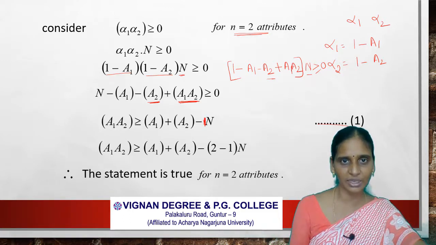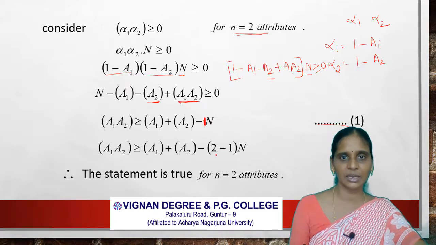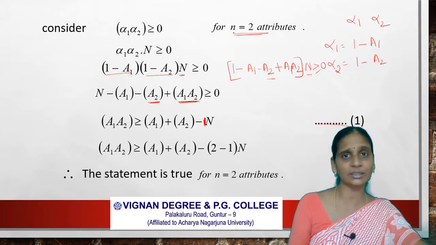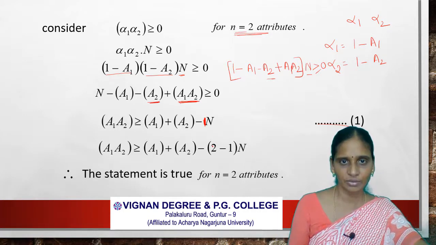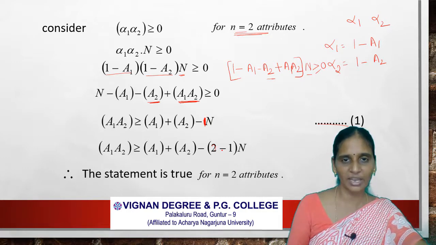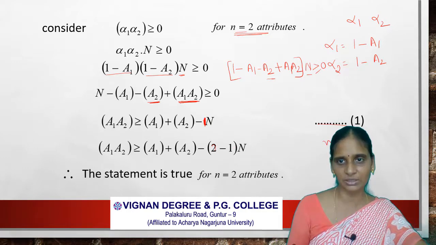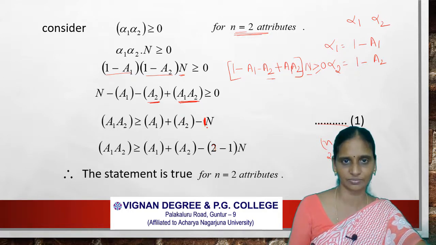So this 1 can be written as, here we are considering n is equal to 2 attributes, so this 1 can be represented as 2 minus 1. So this is n minus 1, so this is 2 minus 1. You get 1 again.